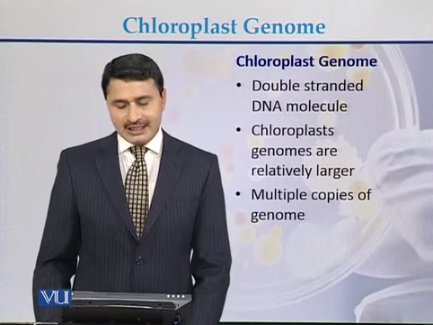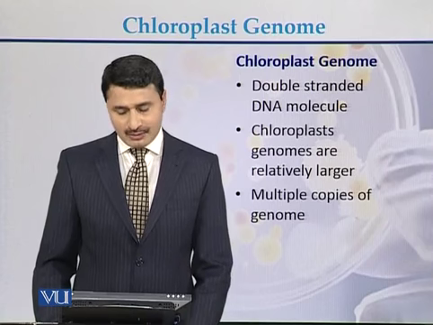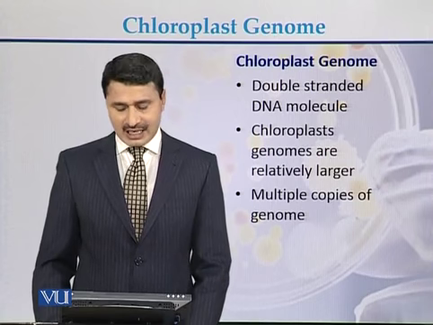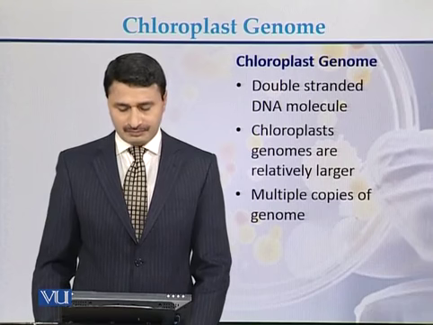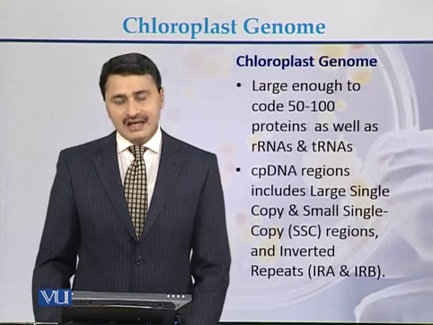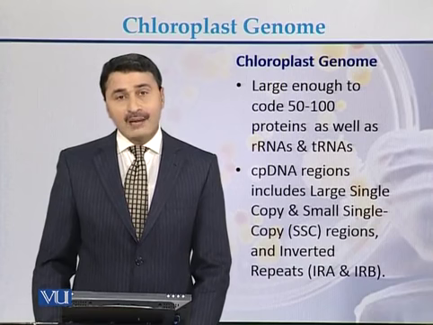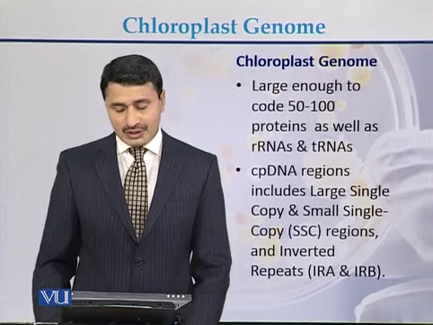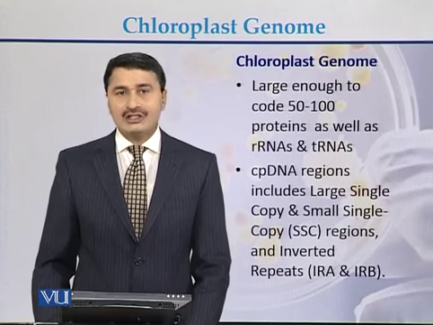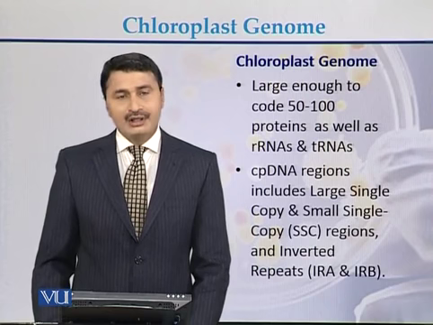Chloroplast genome can be a double-stranded molecule. Chloroplast genomes are relatively large in size and there are multiple copies of the genome. It is large enough that it can code up to 50 to 100 proteins as well as ribosomal RNAs and transfer RNAs.